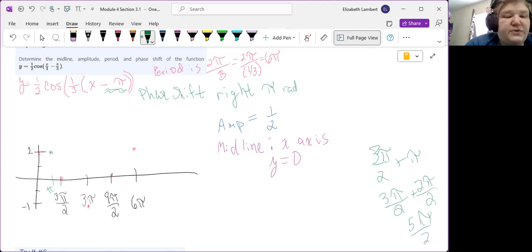So 3 pi over 2 is going to get shifted to here, 5 pi over 2. 3 pi is going to get shifted to 4 pi. 9 pi over 2 plus pi is 11 pi over 2. Then 6 pi plus pi is 7 pi.